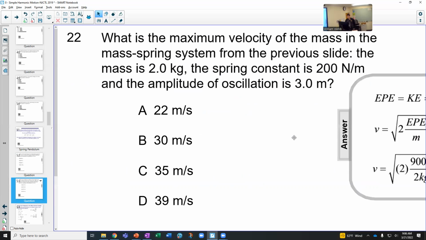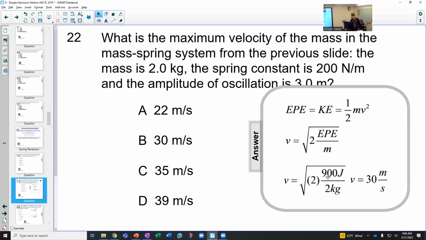And so we can say, well, that 900 that we got before for our total is the total, and because these two are equal in value when they're maximized, that total 900 joules is also going to equal the 1/2 mv squared when it's only movement, when the spring is totally relaxed. And so we could find then the velocity is 30 meters per second.